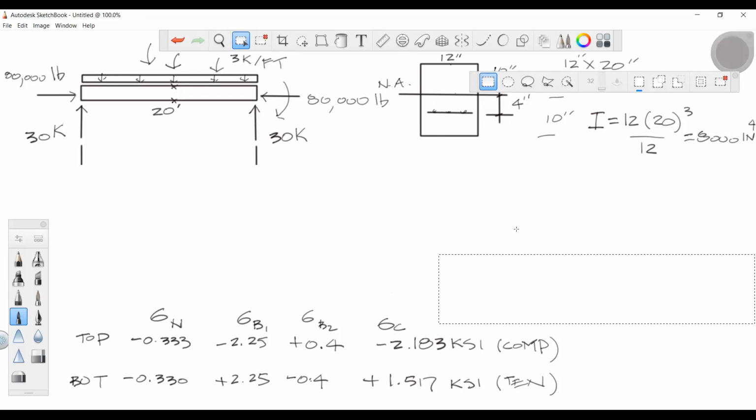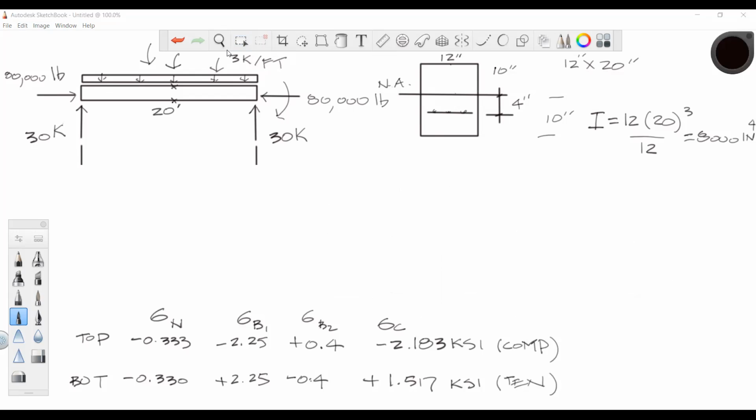Okay, let's draw a little diagram here. So if we looked at this beam on edge, and let's say this is the neutral axis coming through there. We've got compression like this, and tension, which is a lot less.